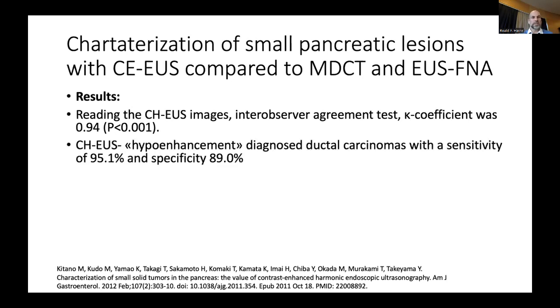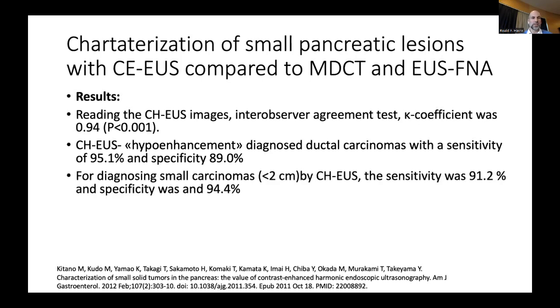The contrast-enhanced EUS category hypoenhancing diagnosed ductal carcinomas with a sensitivity of 95% and a specificity of 89%. And for diagnosing small adenocarcinomas less than 2 centimeters by contrast-enhanced EUS, the sensitivity was 91% and the specificity was 94%.